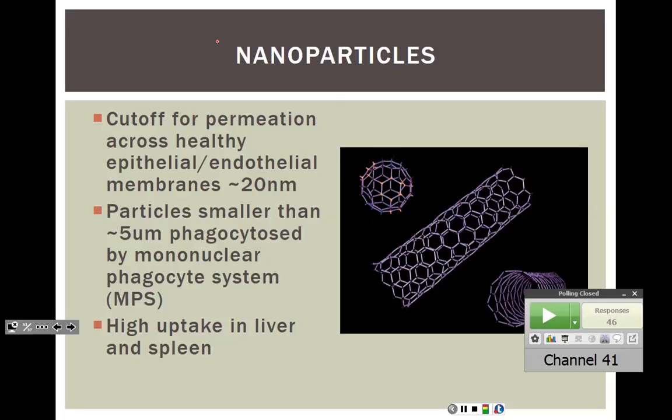But the big advantage is that there are a lot of available moieties for us to conjugate things to on these structures. So they kind of serve as like a scaffold, right? And you can conjugate them to drugs, you can conjugate them to targeting moieties, and you can stick all of these on one structure. And as such, they can have a lot of different functionality, right? So if you're targeting cancer, let's say you could conjugate 3 different drugs to this nanoparticle scaffold. You could conjugate something that's going to interfere with DNA replication.